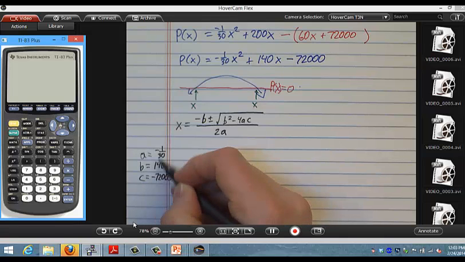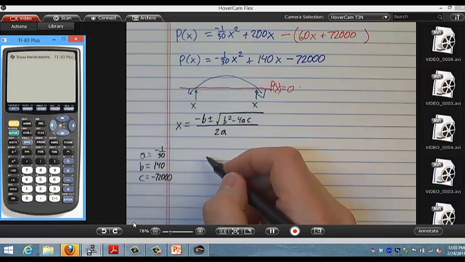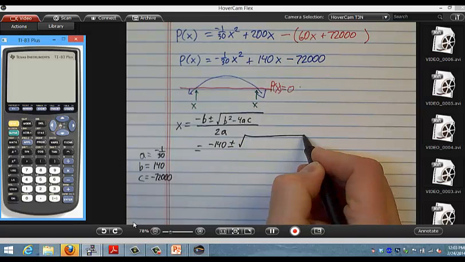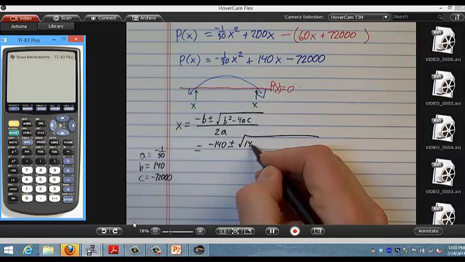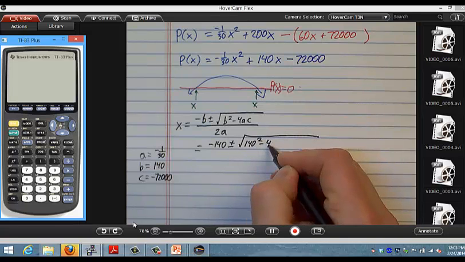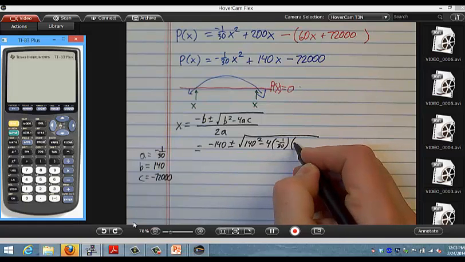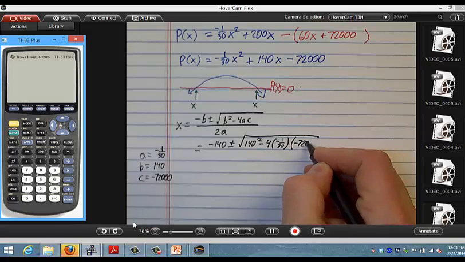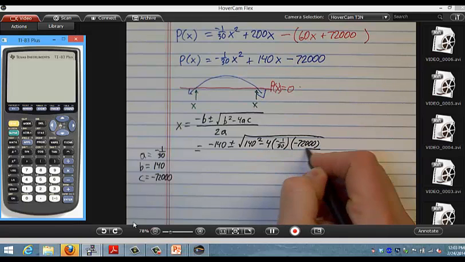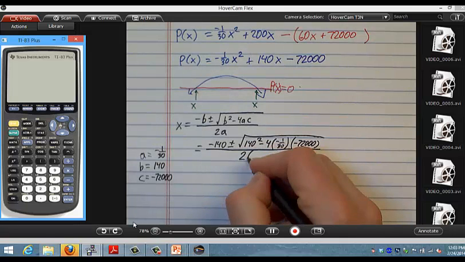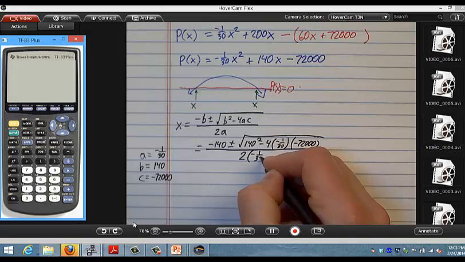And those negatives make a difference, okay? So you get negative 140 plus or minus square root of 140 squared minus 4 times negative 1 over 30 times negative 72,000, all over 2 times negative 1 over 30.